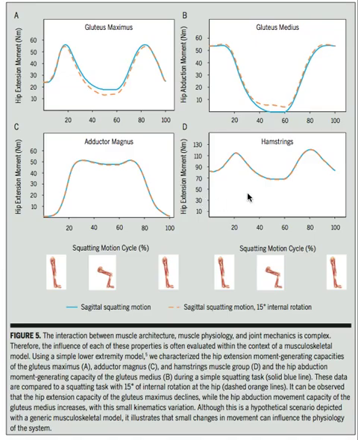So now we can also look at the interaction between some of the muscles. In essence, what we can see is that the gluteus maximus peaks in terms of its interaction of moment arm and fiber length, PCSA, and its ability to generate a moment at about 20% of the squatting cycle, and then 80%, where the adductor magnus maintains its ability to generate hip extension moment as the hip is flexed.